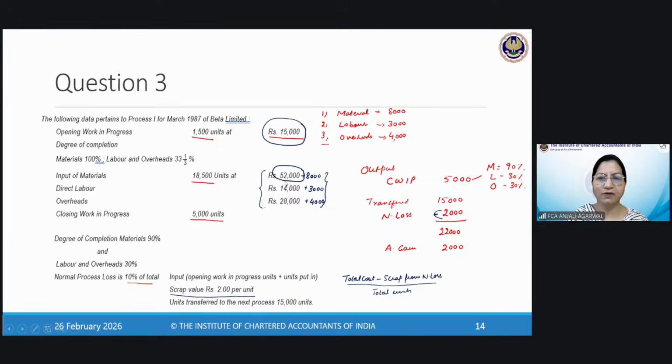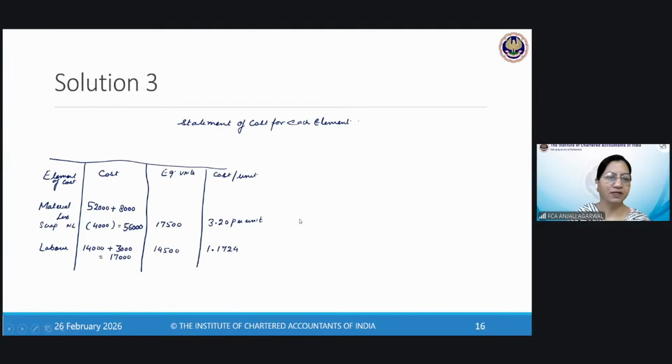Therefore, the total material cost comes out to be 52 plus 8, 60,000 minus 4,000 is 56,000. 14 plus 3, 17,000. 28 plus 4, 32,000. So in scrap, sale of scrap, we assume it to be completely reducing the cost of material. So 52,000 plus 8,000 minus 4,000 is 56,000.